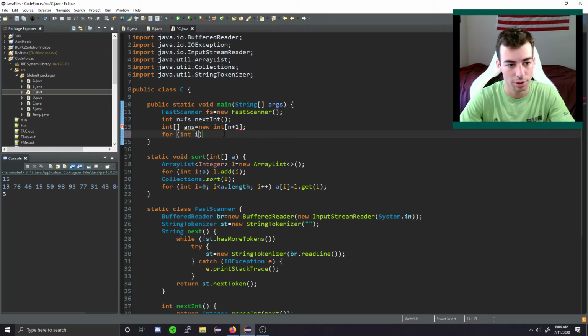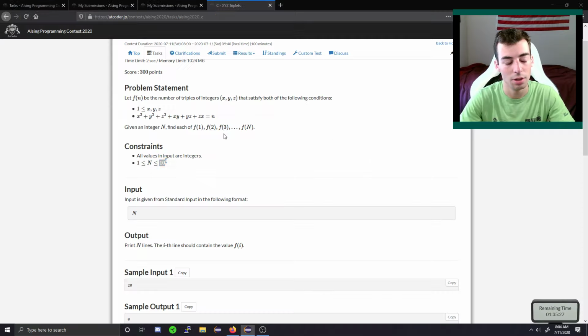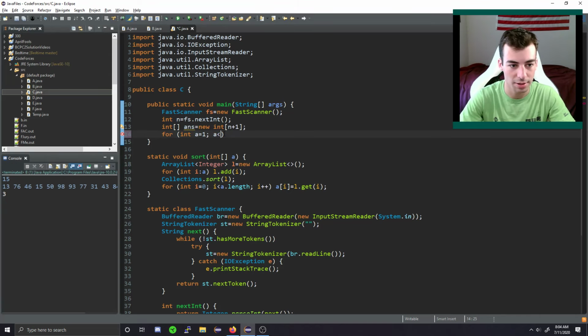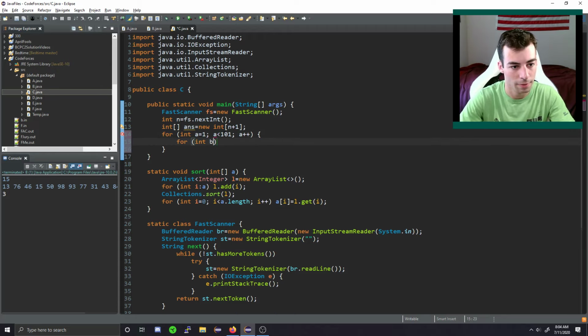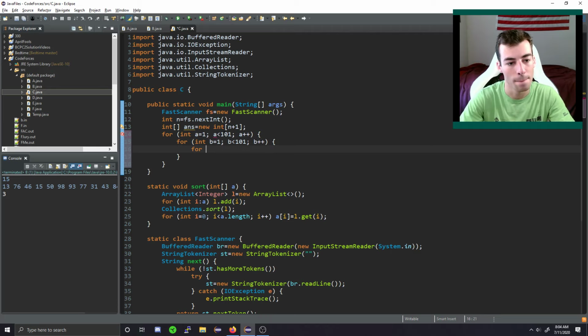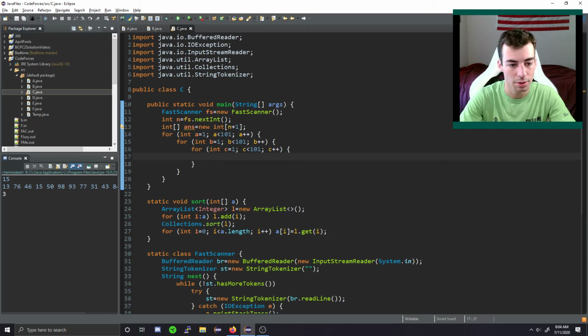And now for int a equals 1, a is less than 101, we have each of these, and now int val equals a times a plus b times b plus c times c plus a times b plus a times c plus b times c.